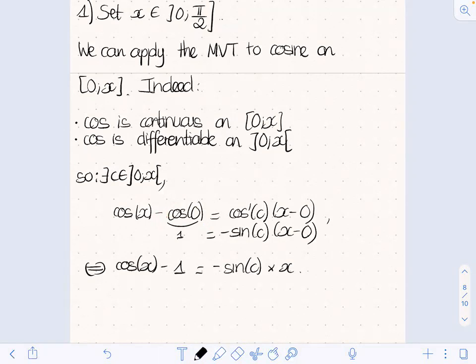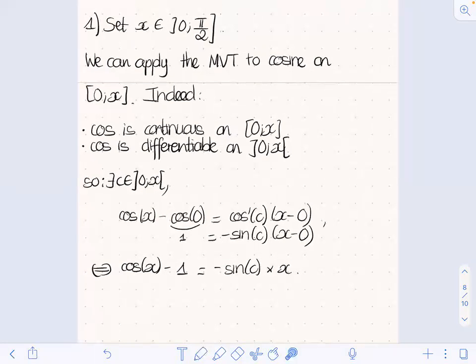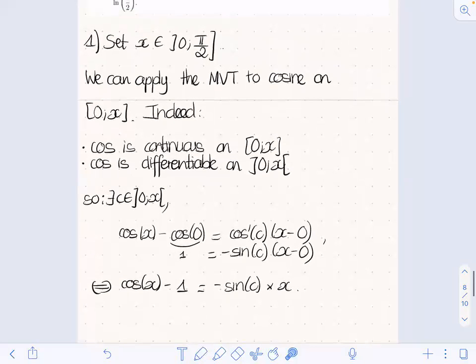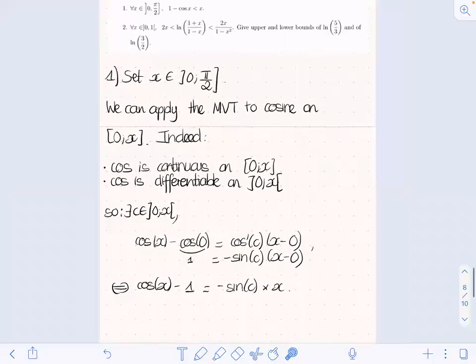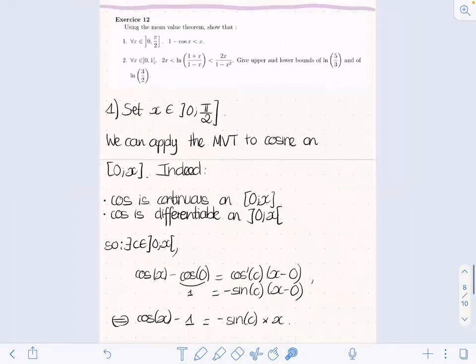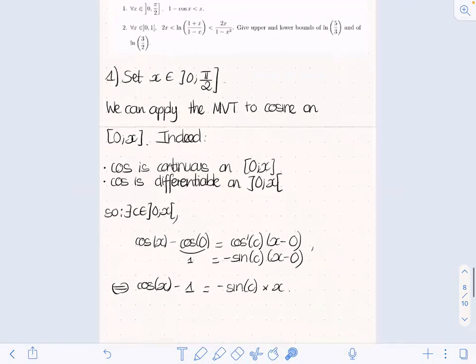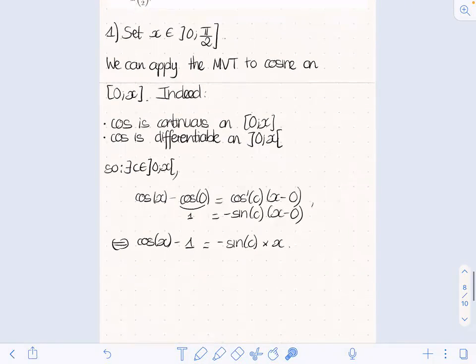And what do we actually want to bound in our exercise? It's written above here. 1 minus cosine of x. Yeah, absolutely. What we want to do is get some sort of upper bound for 1 minus cosine of x. And with this thing that we've rewritten, you can probably see that there's something on the left-hand side that's very close to what we want to deal with.